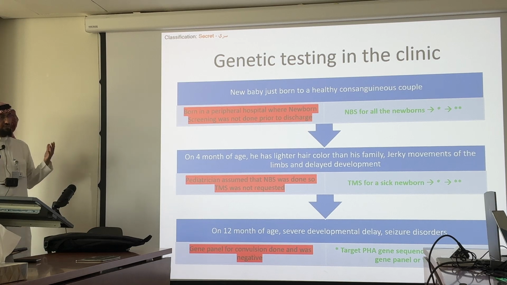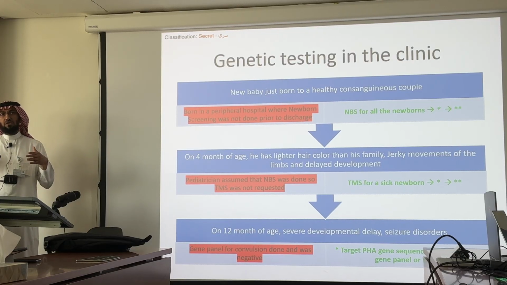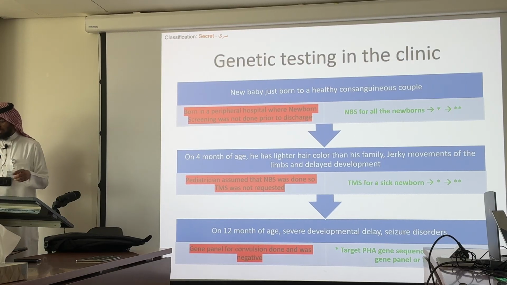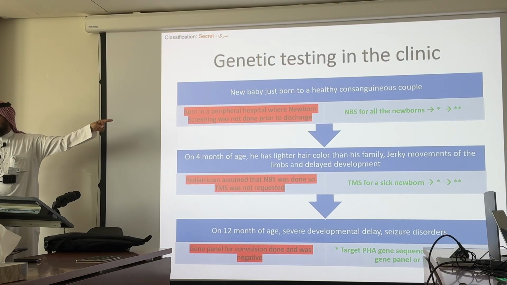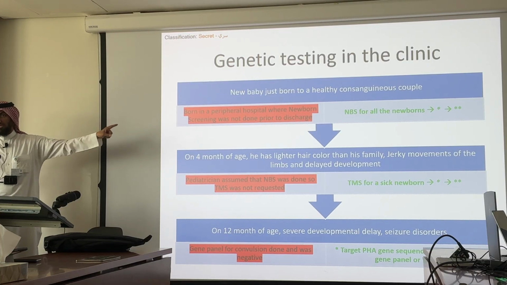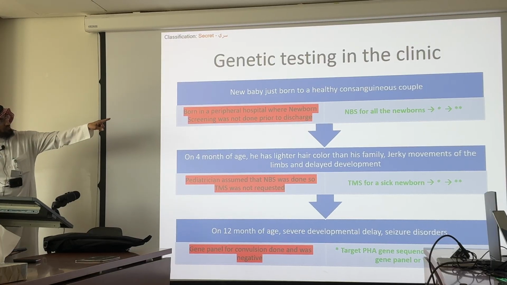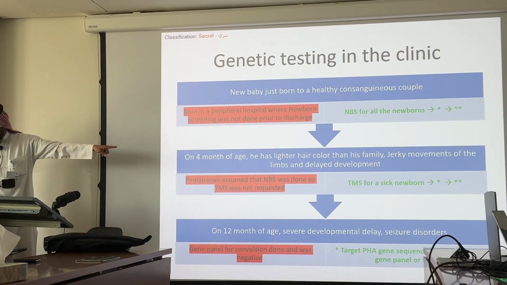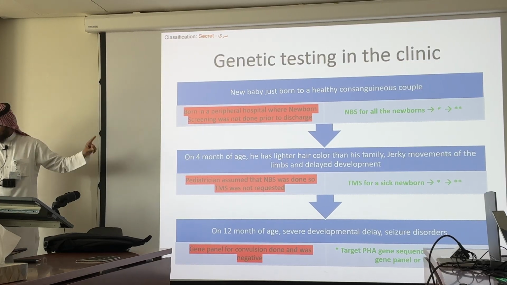What should be the correct scenario? Newborn screening should be done for all newborns. You solve the problem and you will not miss any cases. If you do this, at star 1, you will start the special diet and he will be normal.